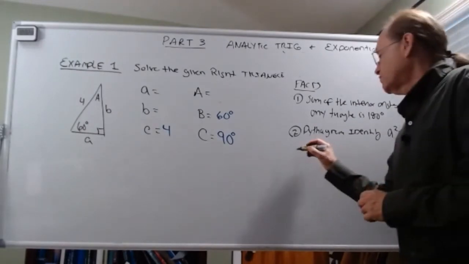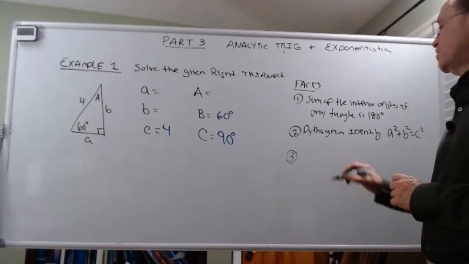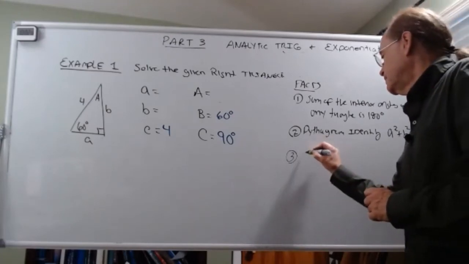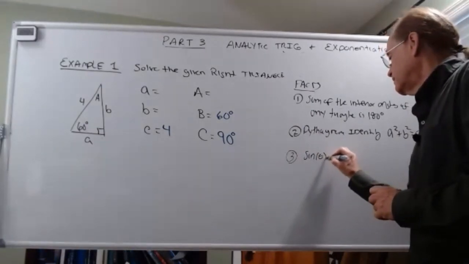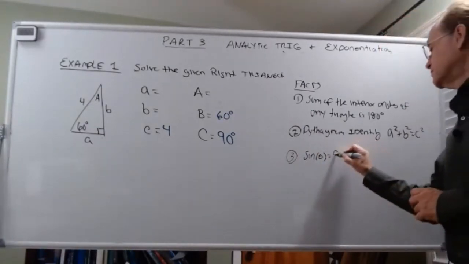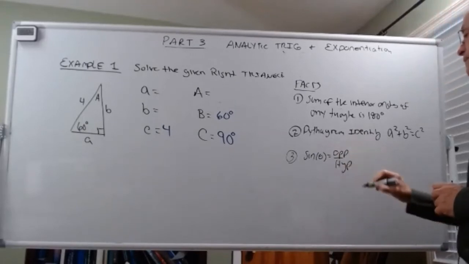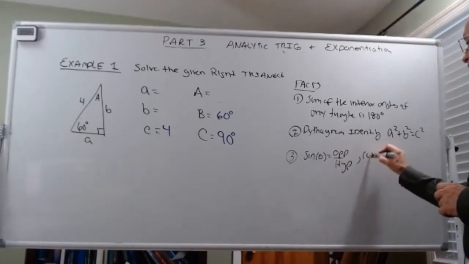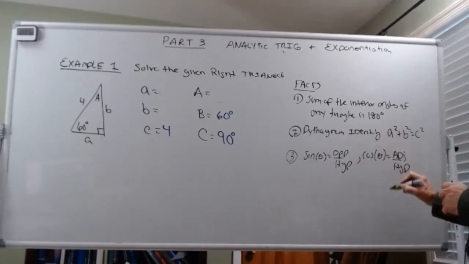And then we also have our appropriately defined trig functions. So we have the sine of theta is equal to the opposite over the hypotenuse. We also have the cosine of that angle theta is the adjacent over the hypotenuse.